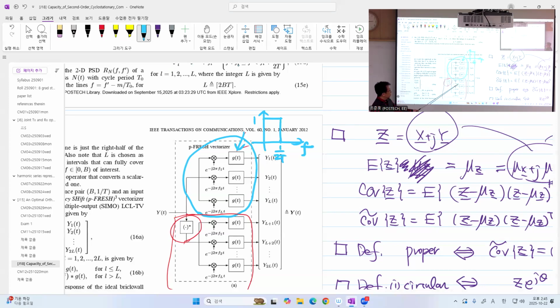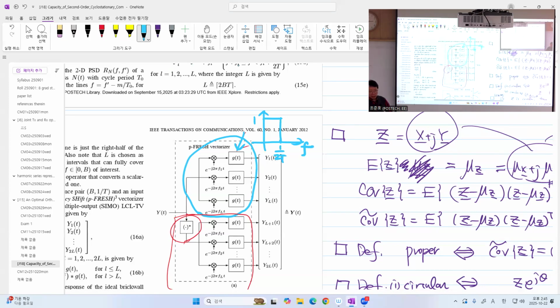And same here. So G of t is not the ideal low-pass filter with cutoff 1/2T. It's half of it. Only the positive frequency part is in the passband.